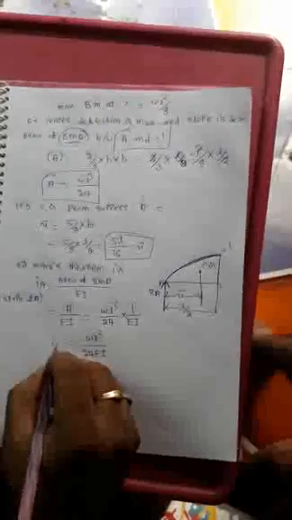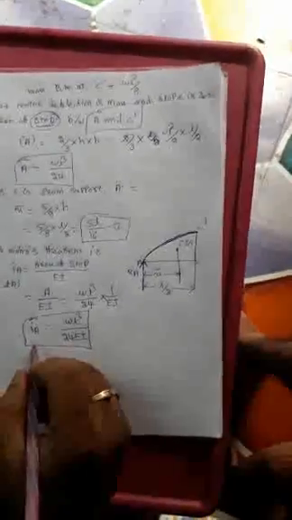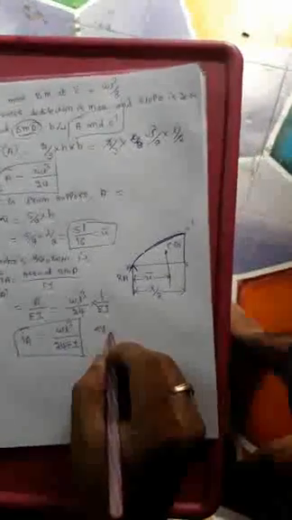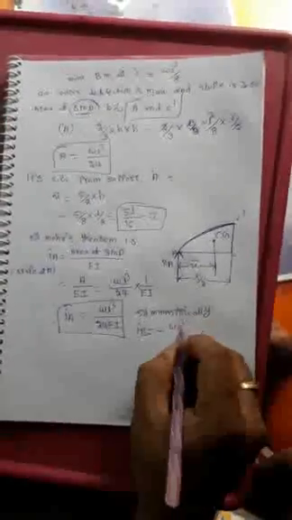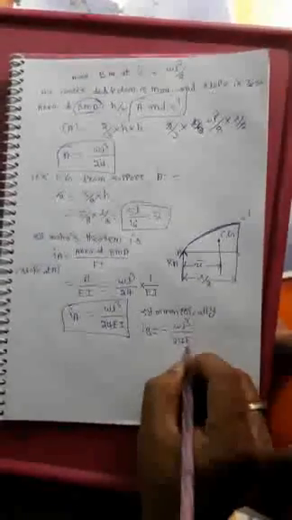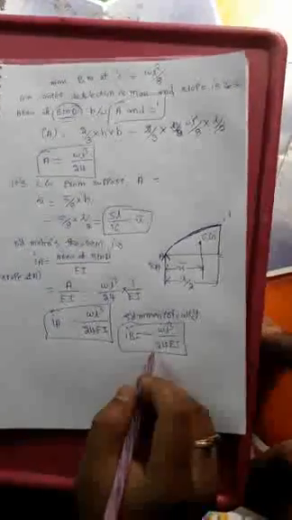So this is the formula for finding the slope at A. So symmetrically, theta B is nothing but with a negative sign. Here we get a positive sign. So symmetrically theta B equal to the same formula with a negative sign, that is the opposite sign, WL cube by 24 EI. This is the formula for finding the slope at B.